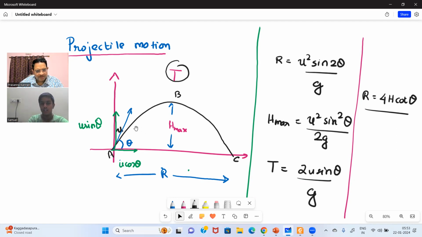Is the projectile experiencing any force or not as it is moving? It is experiencing some force, right? What force? Then how do you say F is 0? How do you say A is 0?